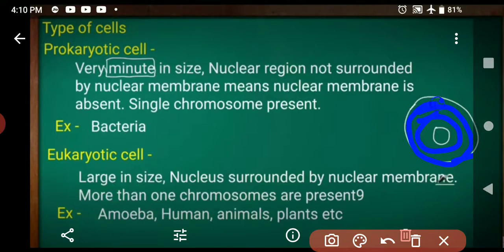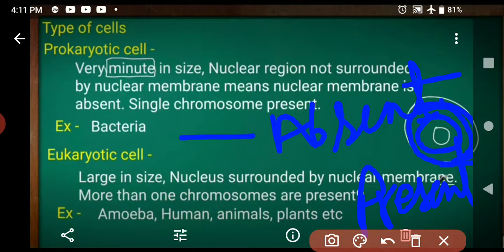And here in the eukaryotic cell, cell organelles are present. In prokaryotic cell, cell division takes place by fission or budding, and in eukaryotic cell, cell division occurs by mitotic or meiotic cell division.